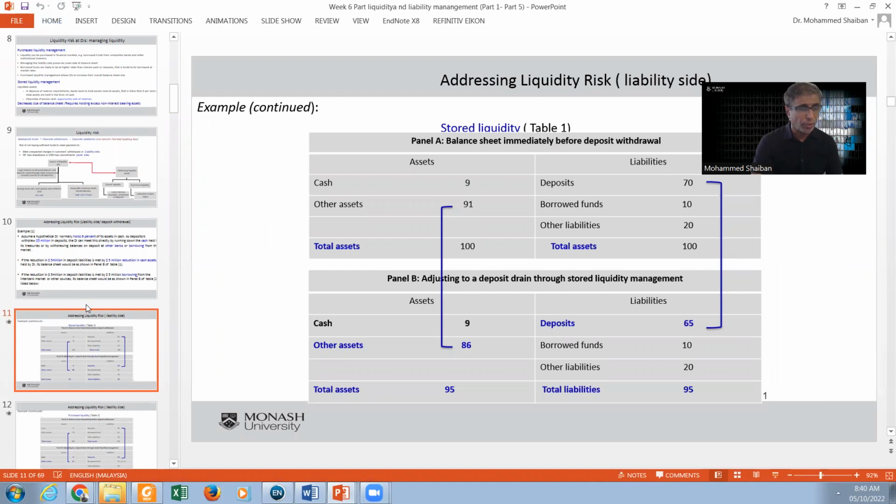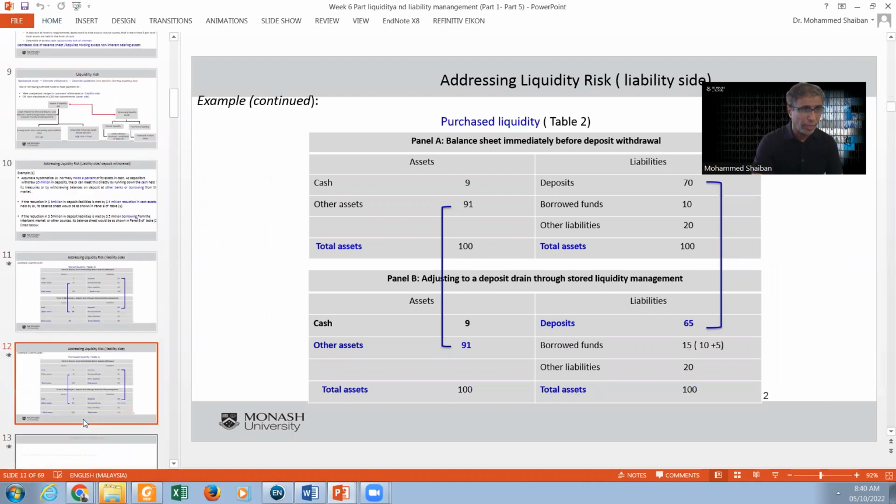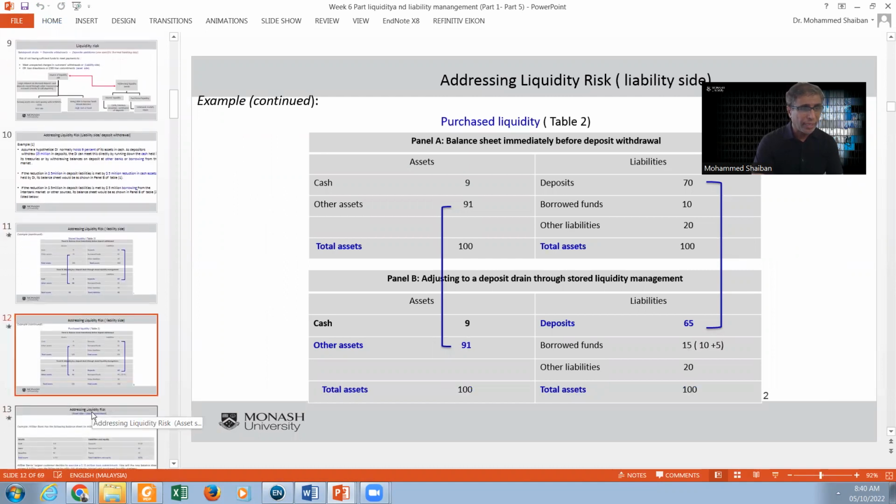We talked also about stored liquidity and what would happen to the balance sheet when the liquidity problems come from the asset side and we finance it either from the stored liquidity or from the purchase liquidity.